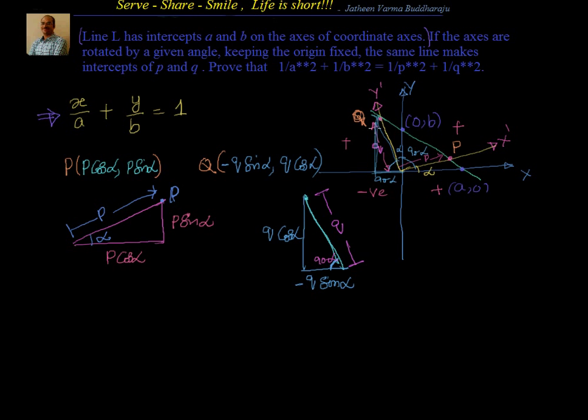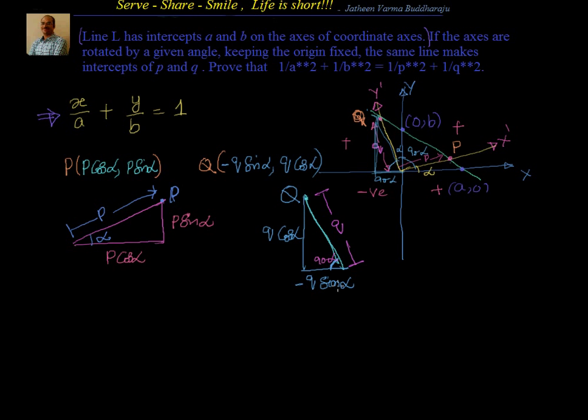Based on the p and q intercept, we found how to find out the x coordinate and y coordinate of those 2 points, that is capital P and capital Q. That we have found out. This is nothing but capital Q. So we know the coordinates of P are P cos alpha comma P sin alpha, and the coordinates of Q are minus Q sin alpha and Q cos alpha.